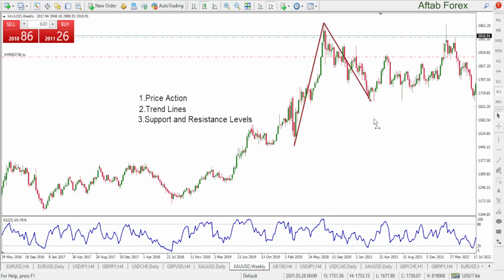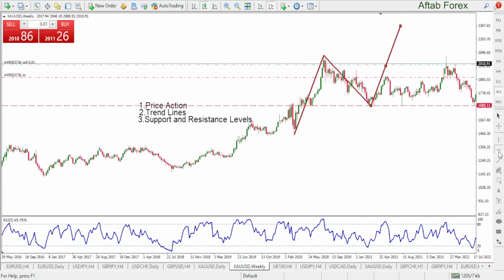And after 7th March 2021, we got a sort of support near 1680.11. At this stage, I'm a Fibonacci and pattern trader, and on the weekly it was representing this setup.